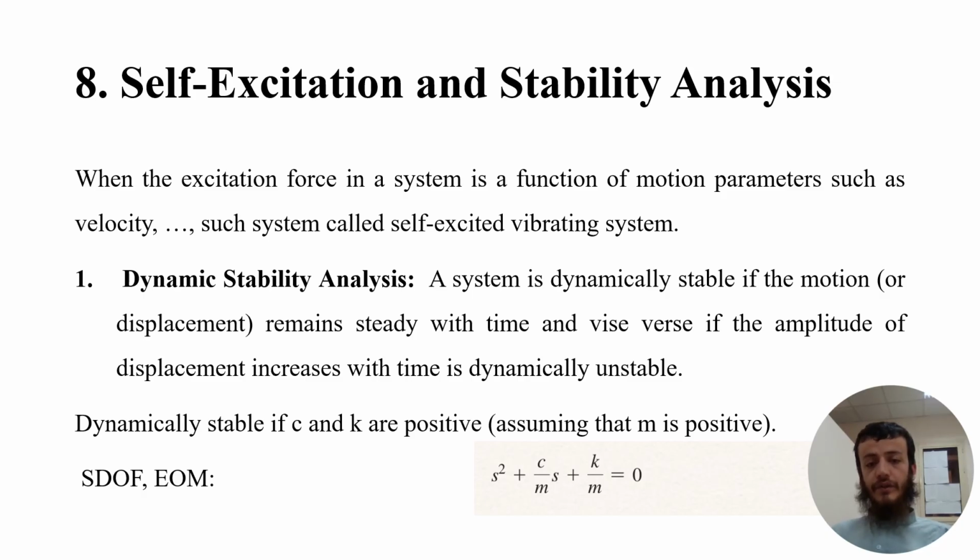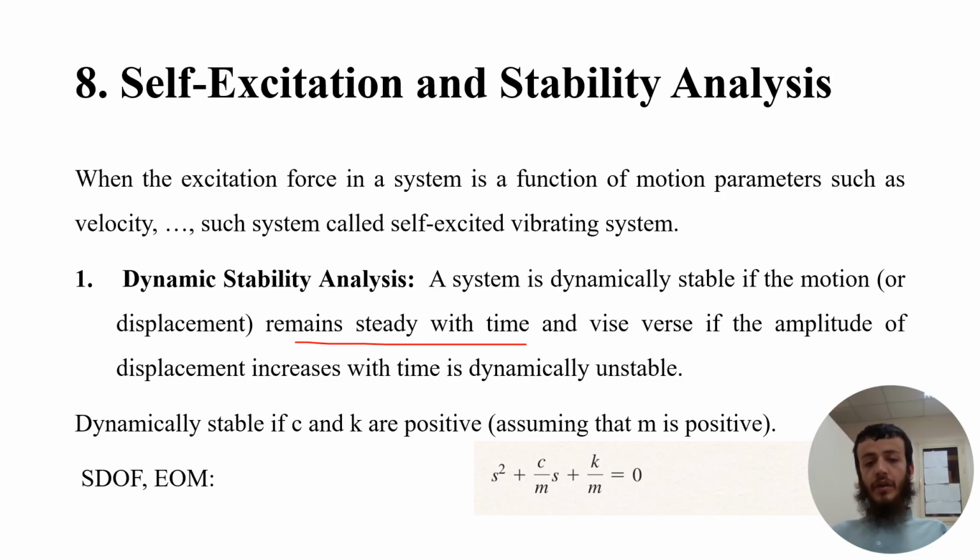Dynamic stability analysis: we can say a system is stable when the motion or the displacement remains steady with time. Vice versa, if the amplitude of the displacement increases with time, it is said to be dynamically unstable.